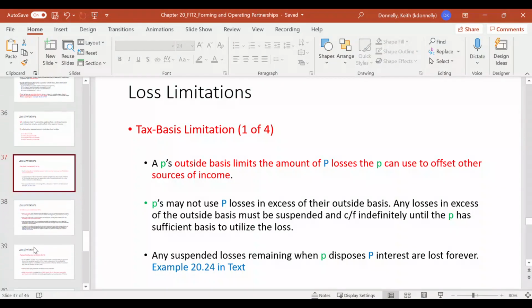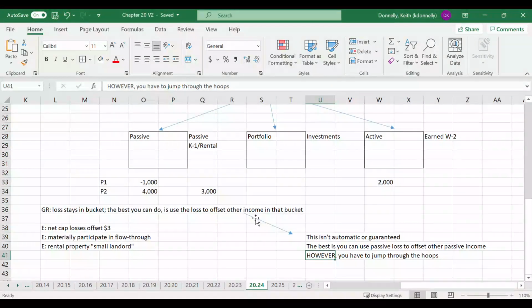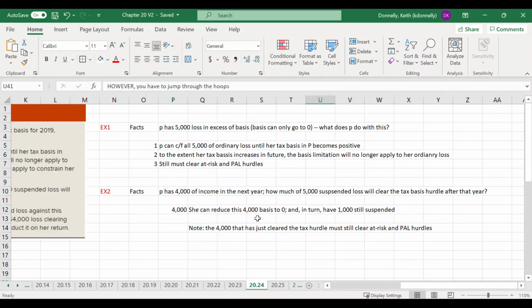Okay, so we'll look at this with an example here at the end to make it make sense. But basically, the first thing with a loss is you have to clear your tax basis. Your tax basis is essentially going to be your outside basis, right? So if we look here at 2024, this is just showing us some of it with the outside basis.